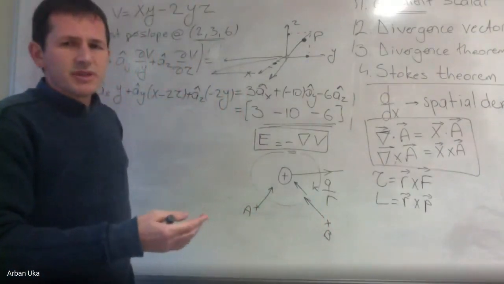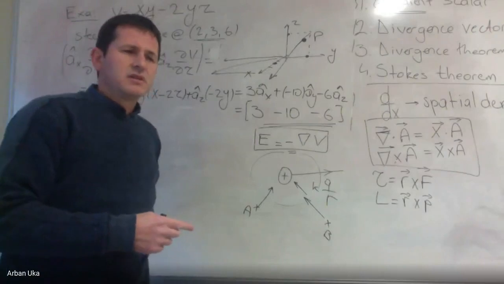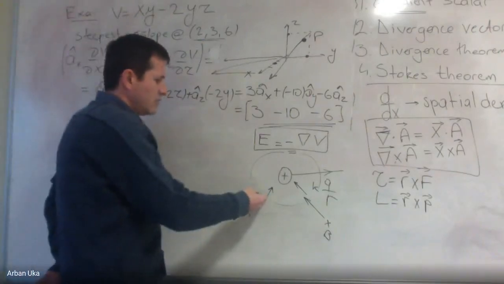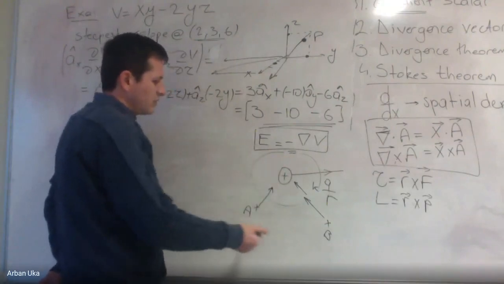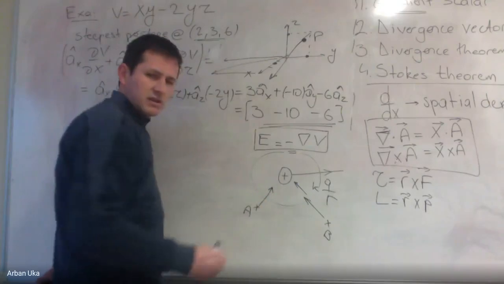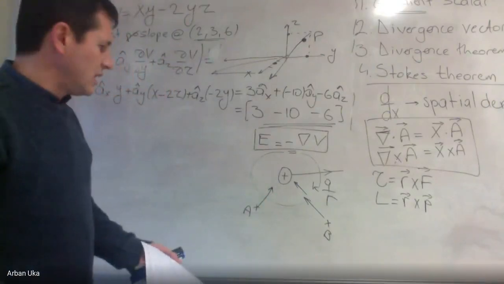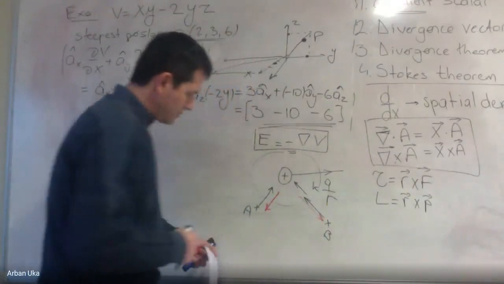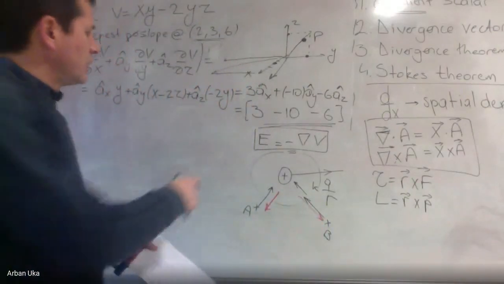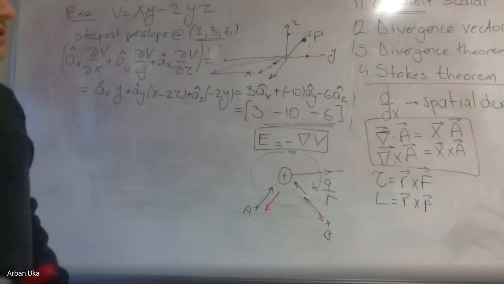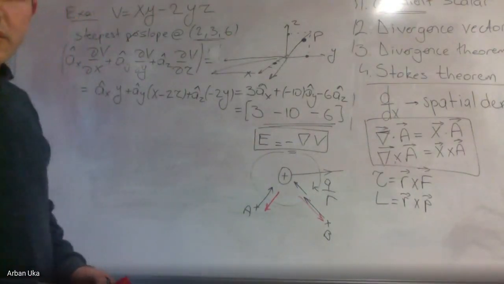So, because of the symmetry of how an electric field spreads out from the point charge, this would be the maximum increase, right? Even for a point C, we can do the same. But the electric field, we know also that it will point out like this, okay? So we know this much, but probably it was the best time to figure out how we can determine the electric field and the maximum changes.